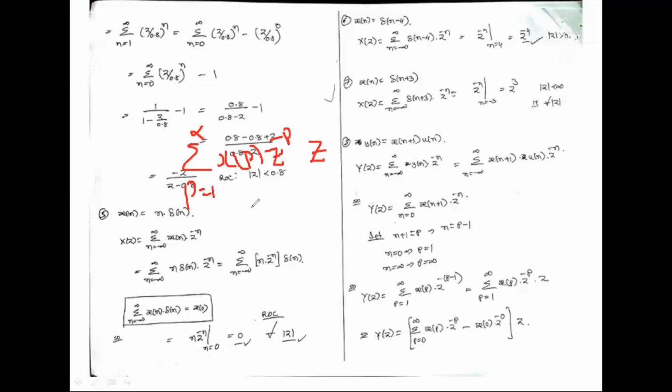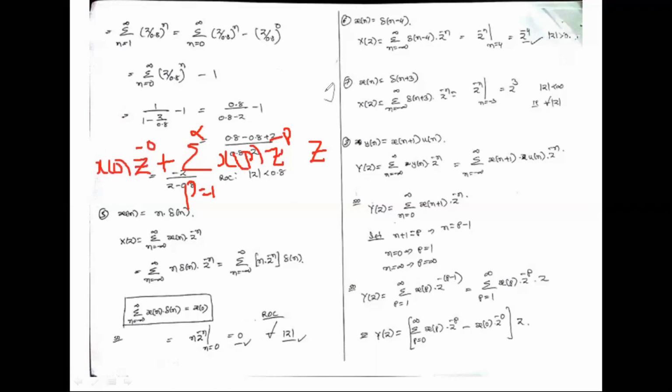A unilateral z transformation means it starts from 0 to infinity. So I am adding the term for p equal to 0, otherwise you can write this as a function of x of 0 z power minus 0.